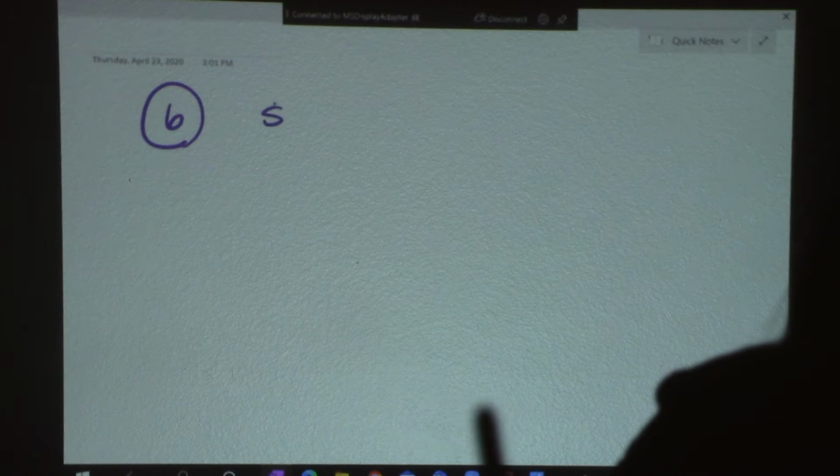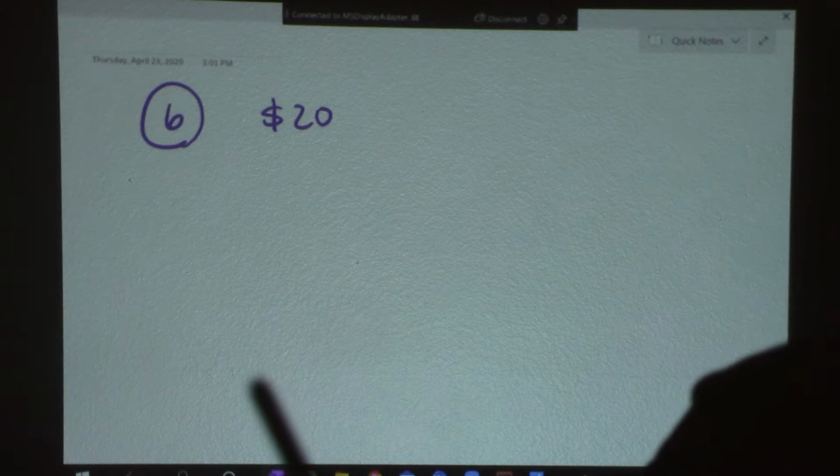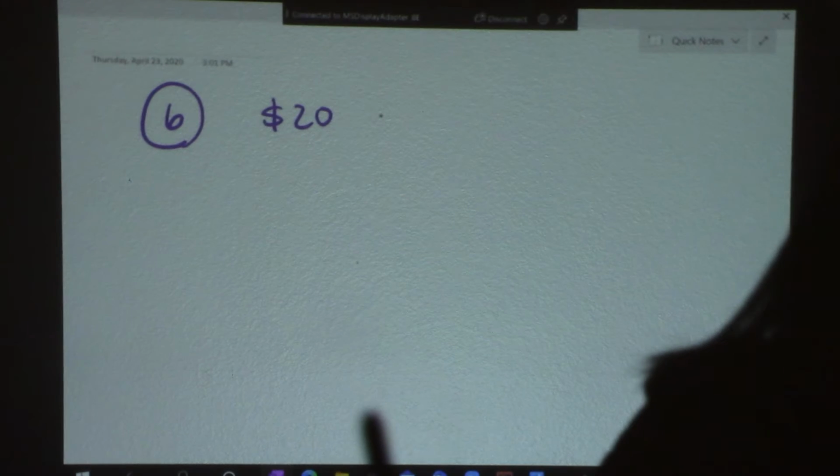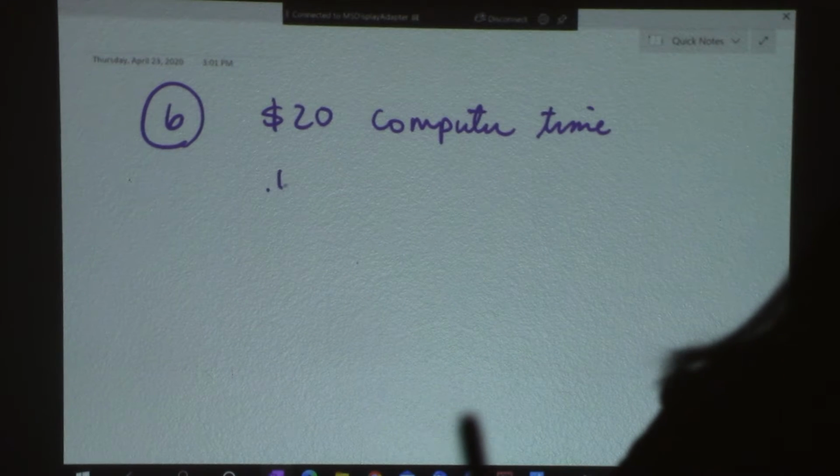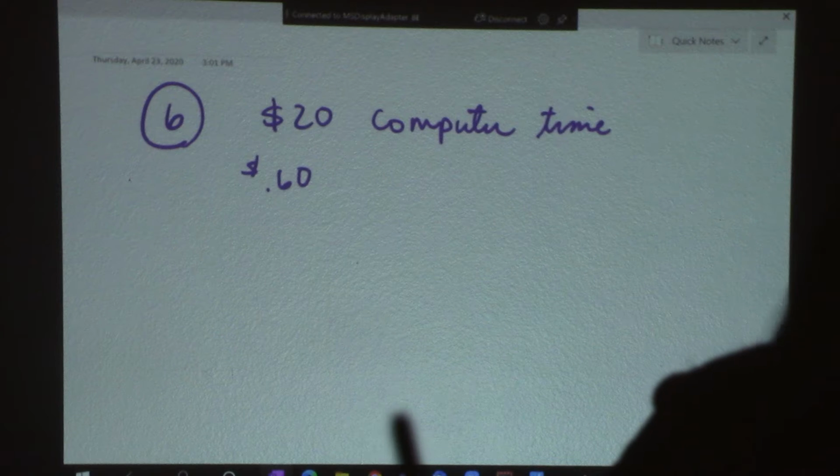So this is number 6 for you, and we're going to write down some of the important facts that we just got from the problem. So it's $20 for computer time, and it's 60 cents per brochure.